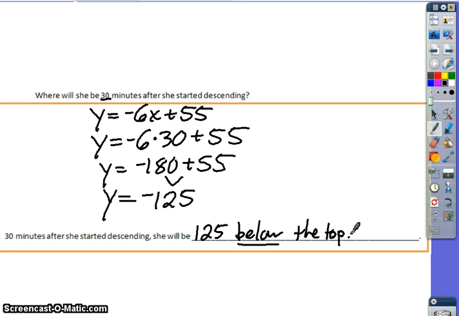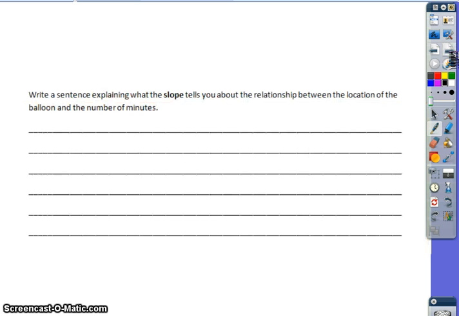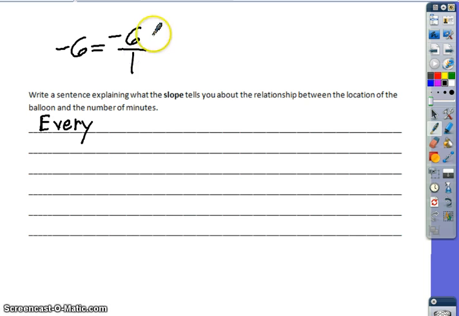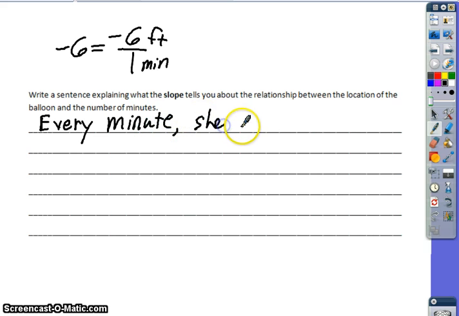Okay? The meaning of this, if I use this slope, negative 6, it would mean that, oh, by the way, negative 6 is the same as negative 6 over 1. And if I put units in there, that would be feet and minutes. So every minute, she descends 6 feet.